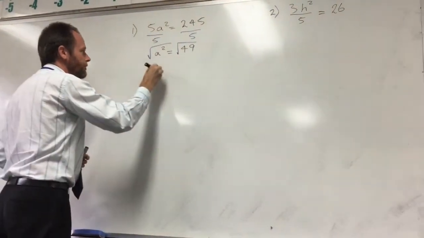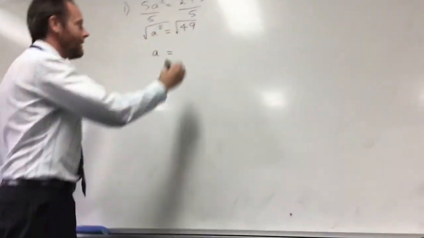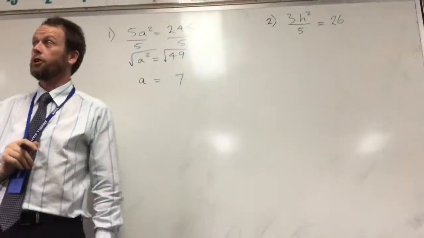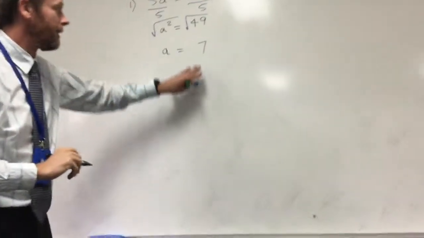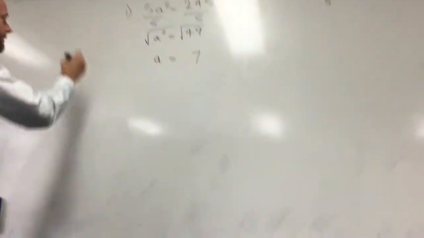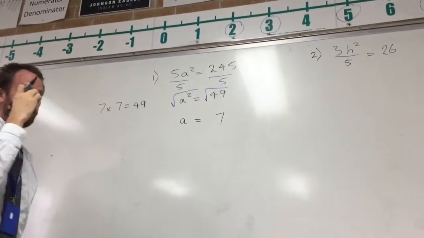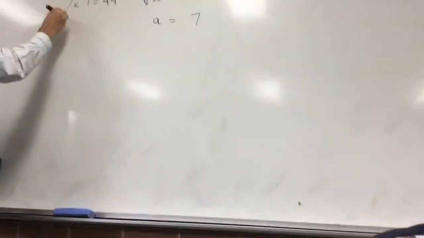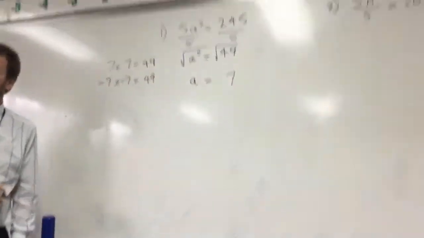So the square root of a squared is, of course, a. The square root of 49 is 7. But this answer is not complete. Why is it not complete? If my answer was just 7, well, yes, 7 times 7 equals 49. But I have to remember too that actually negative 7 times negative 7 also equals 49.